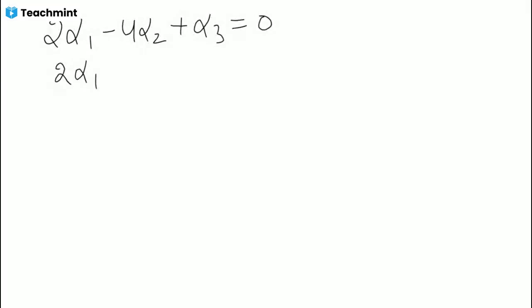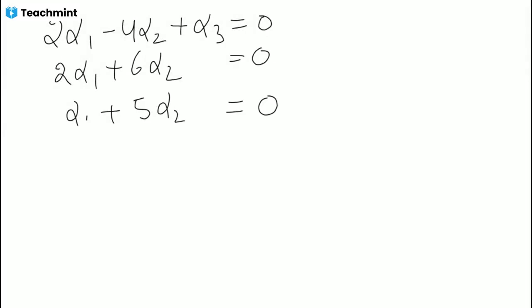So 2 alpha 1 minus 4 alpha 2 plus alpha 3 is equal to 0, and 2 alpha 1 plus 6 alpha 2 is equal to 0, and alpha 1 plus 5 alpha 2 is equal to 0. Now let us solve first for any two variables.